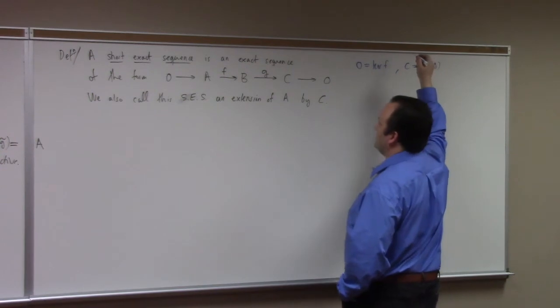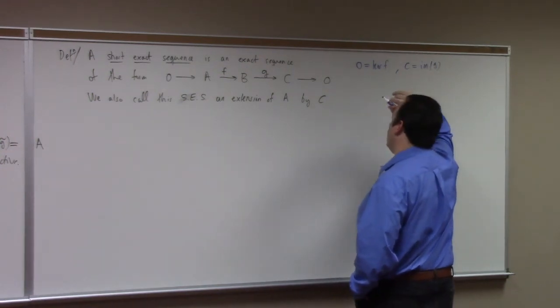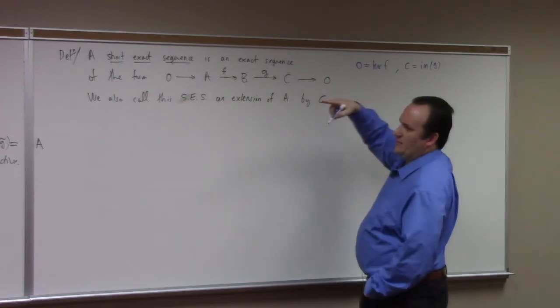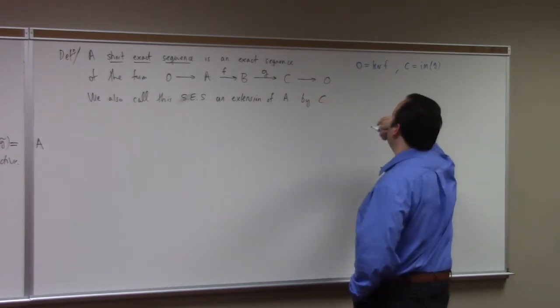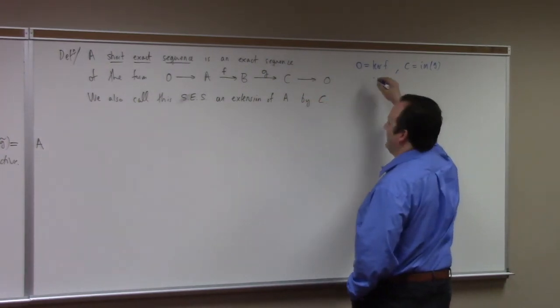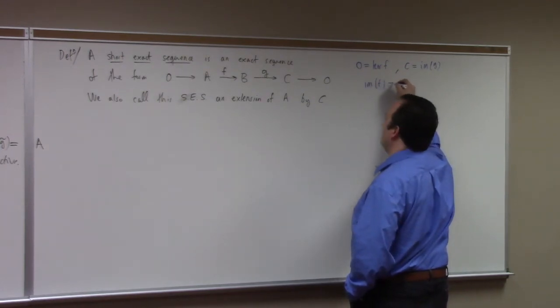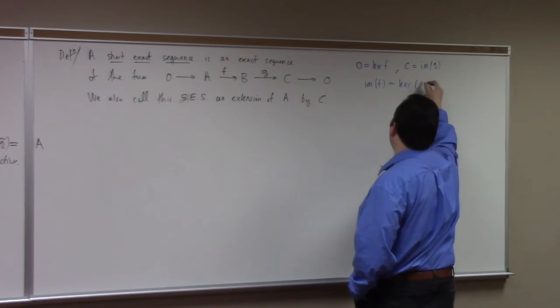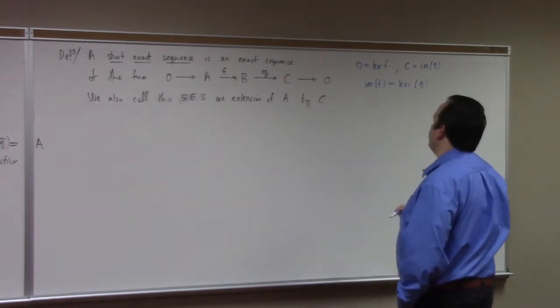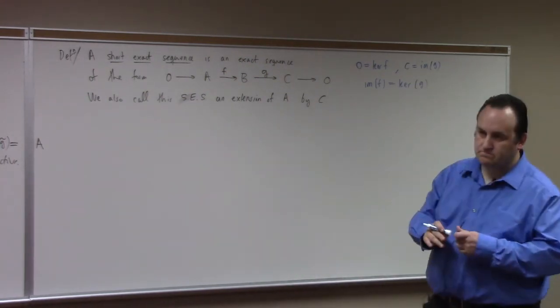Wait a minute, how did you get that? Oh, you're using the proposition? Okay. We also know that the image of F is the kernel of G.